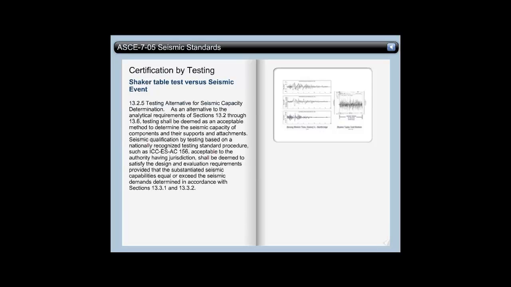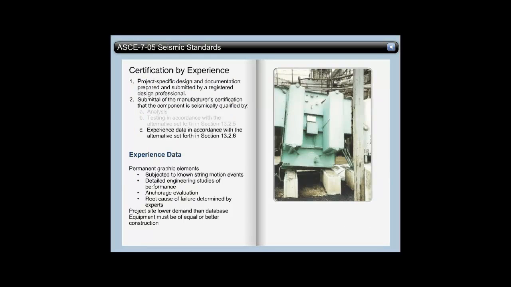The test shall be based on a nationally recognized procedure acceptable to the AHJ, and the results must be equal to or greater than the project site-specific demands, or RRS. So now let's look at the third approved method for seismic qualification of equipment, called experience.